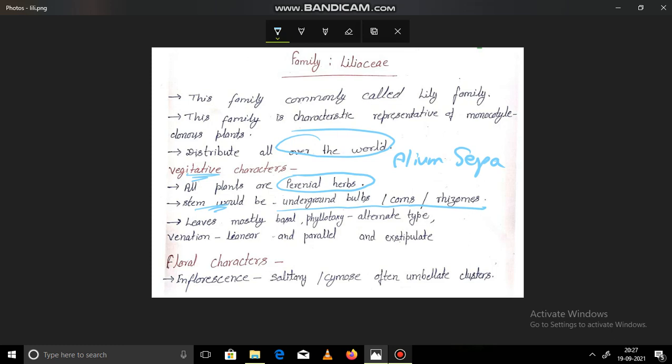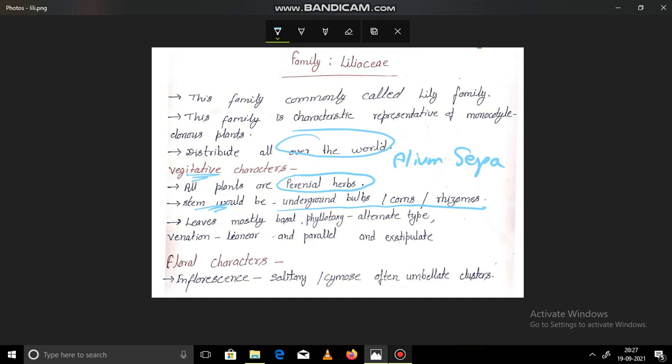The stem is modified in such a way that it can store food. Then you have corms and then rhizomes. Example, ginger. You can see the nodes and internodes, and those are actually modified leaves.